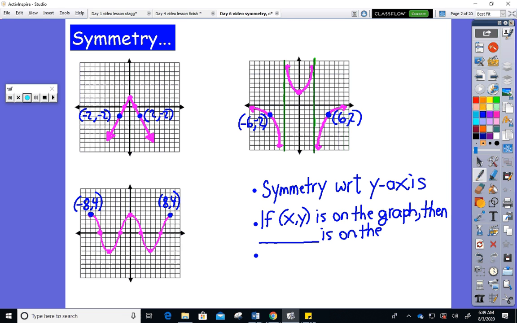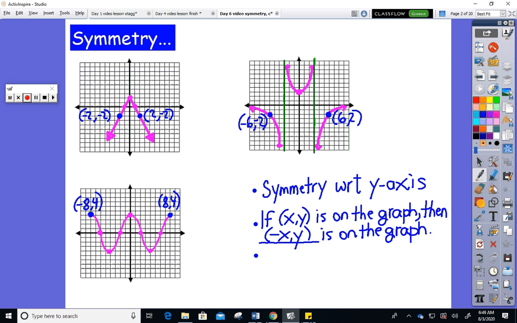So any graph that shows symmetry with respect to the y-axis has to have what other point on the graph? So if you said (negative x, y), you are correct. So however far you go right and up, you should go left and up that much. Or if you go to the right and down, you should go left and down that much.